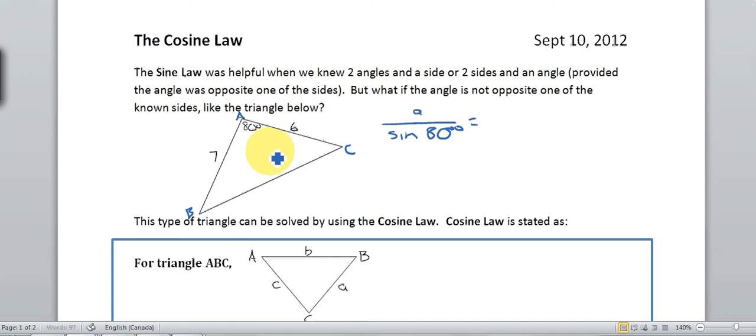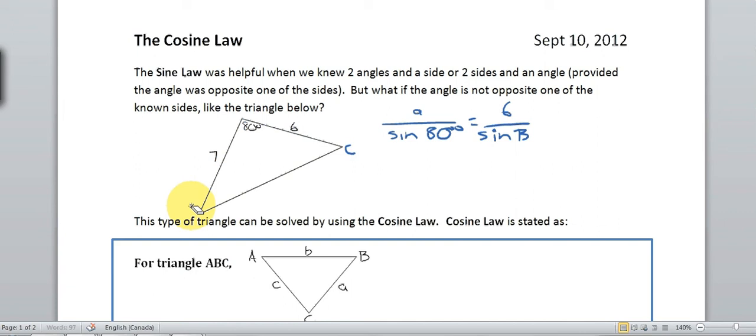We do have two sides, so let's do b. So b is 6 over sine of, and we don't actually know the angle for B. So the problem here is that we have two unknowns. We don't know what a is, we don't know what sine B is. And that's a problem. So sine law would actually not solve this triangle for us.